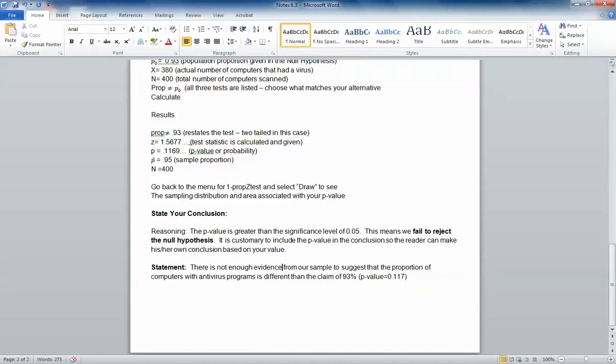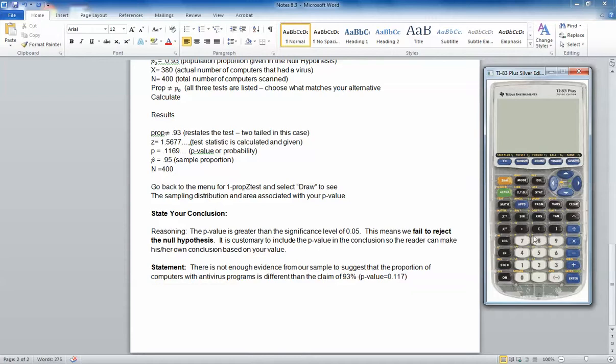All right, I do want to show, while we have the calculator here, how you would run this test with a confidence interval. So I'm going to go back to Stat, over to Tests, and we're going to run a one prop Z interval. This is what we did in chapter 7.2.